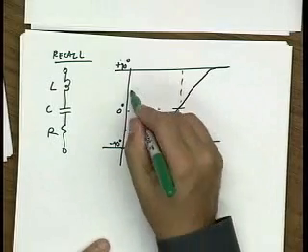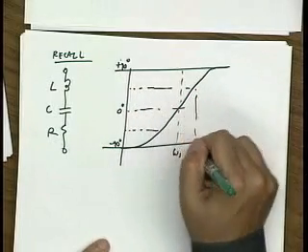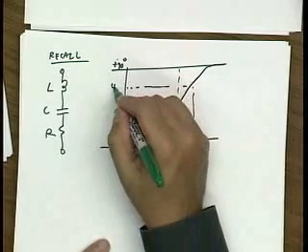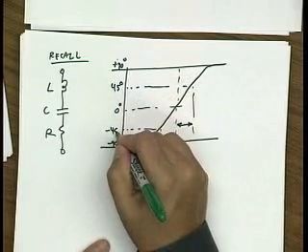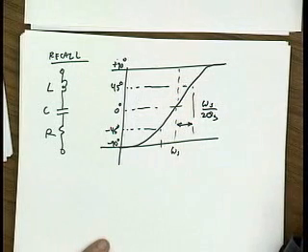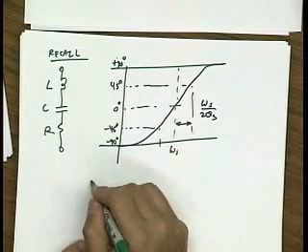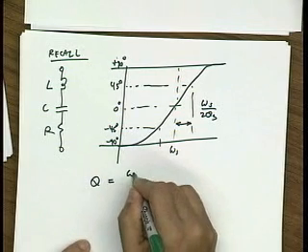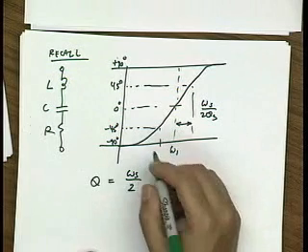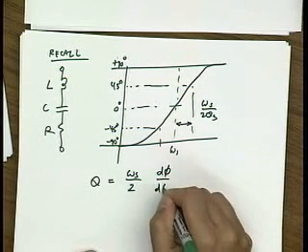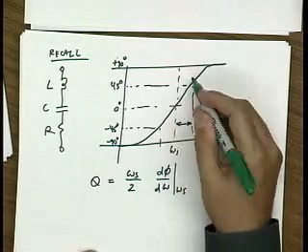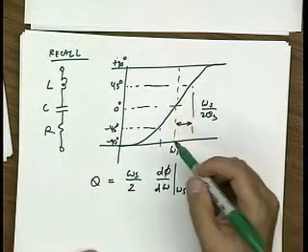Now what's interesting is, if you look at what frequency offset you need to shift by 45 degrees, you'll find that it's omega s over 2Q, where omega s is the series resonant frequency. And you can also show, as we've discussed before, that for a simple second order system, the quality factor is really the rate of change of phase with respect to frequency at resonance, the slope times the resonant frequency divided by 2.